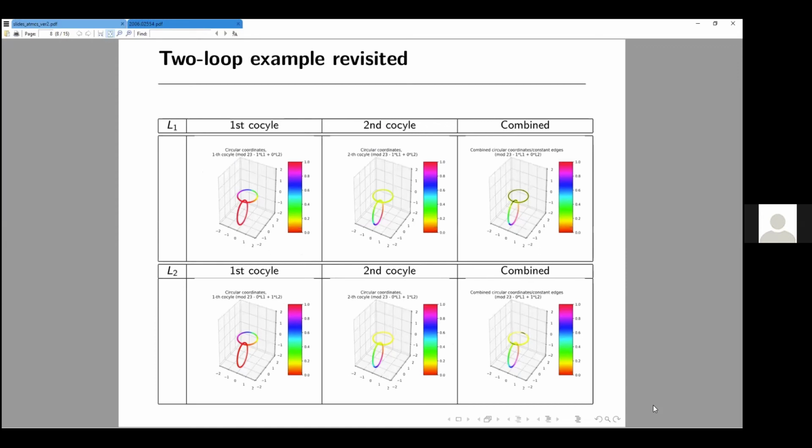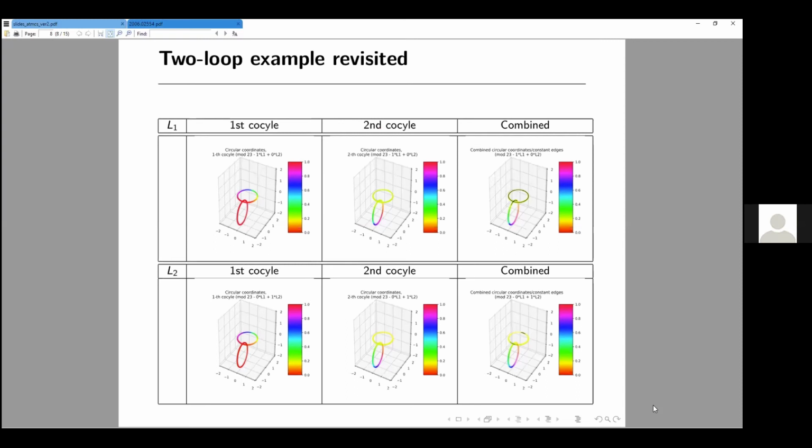And in the second row, we show the circular coordinates penalized by L2 norm. In the first column, we show the first significant one cocycle. And in the second column, we show the second significant one cocycle. In the last column, we combine, basically an entry-wise sum of the circular coordinates, and show them as the combined coordinate. All 6 color scales are the same, from 0 to 1.